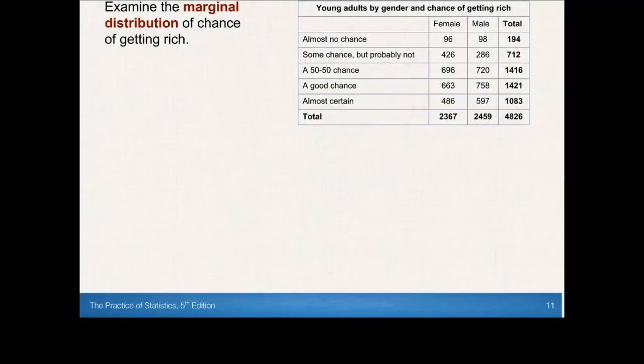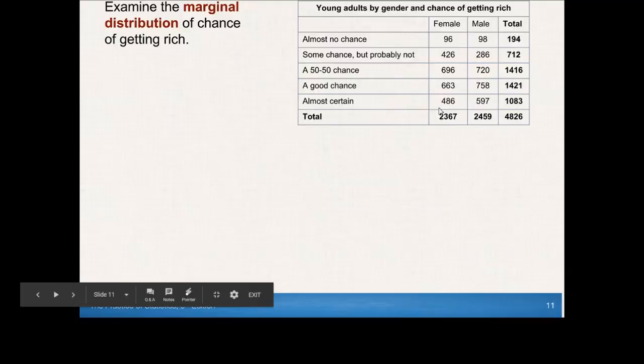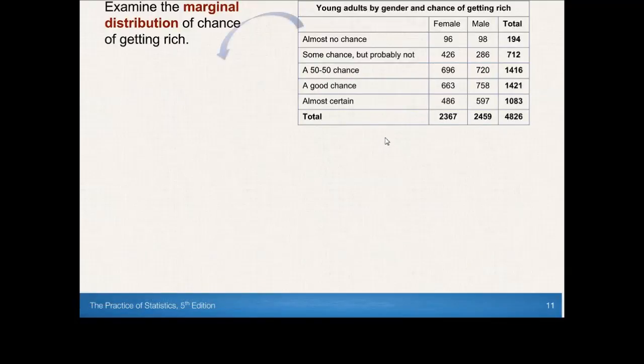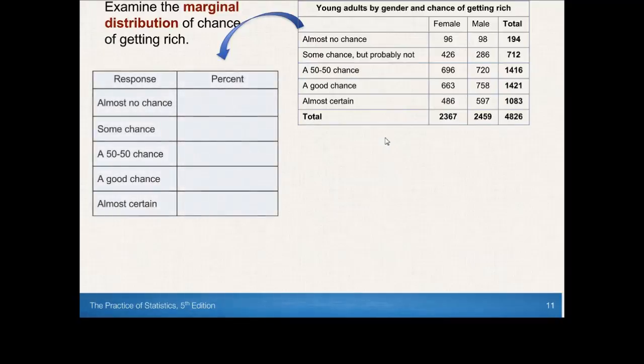Here is the data again, and so we're going to examine the marginal distribution of chance. So we have the totals here, but these are the counts, and what we want to do is get a percentage. So we produce a data table similar to this, or I suppose you could just put another column on the right of that and calculate the percents there.